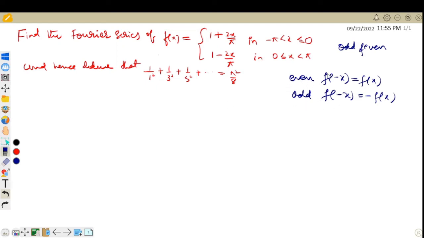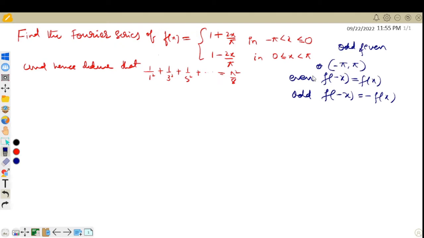In particular, for a Fourier series in the interval minus pi to pi, it is a periodic function of period 2 pi.